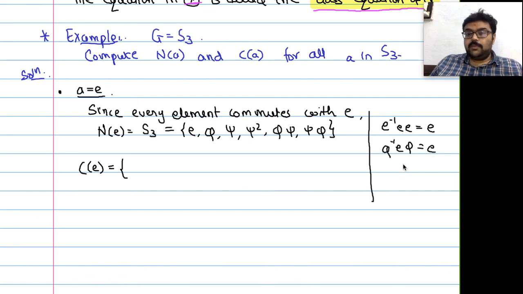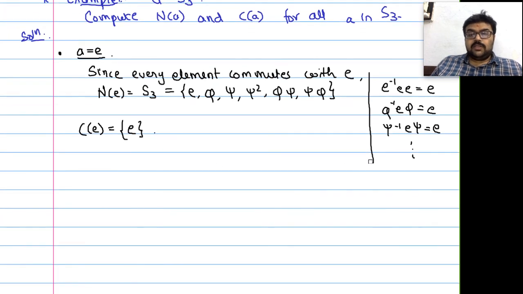Because every element commutes with e, we are going to get e. So this is nothing but the singleton e. Is it clear? So psi inverse e psi is also a conjugate of e, but it is going to be e itself, so for all these elements it is e. So here N is of order 6, here Ce is of order 1. So a equals e is very clear. Not much to do.